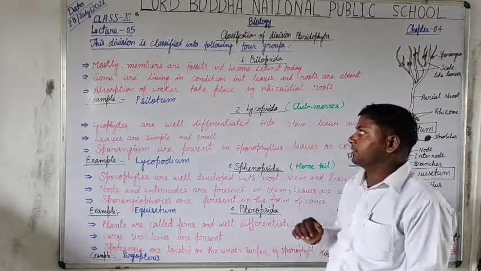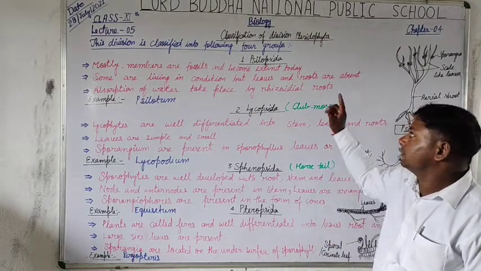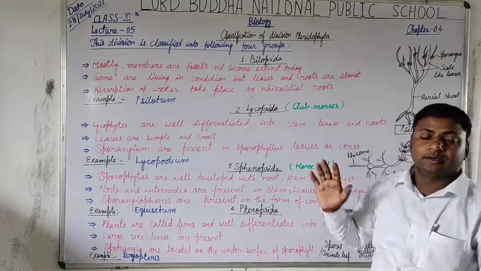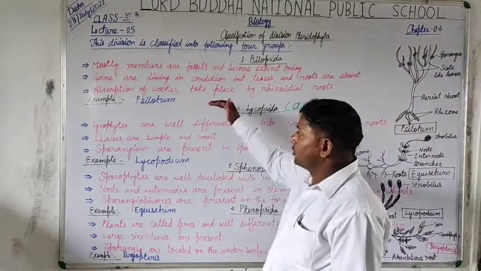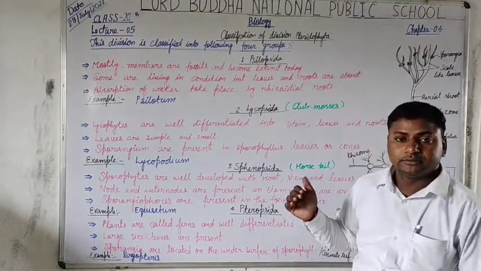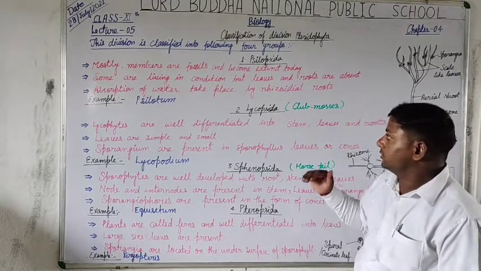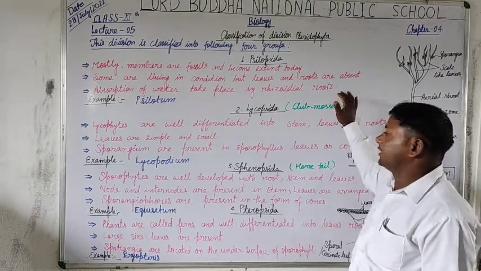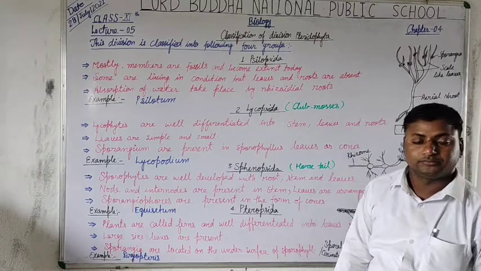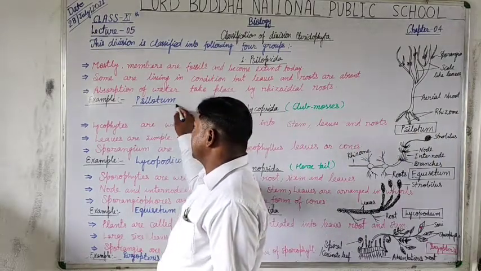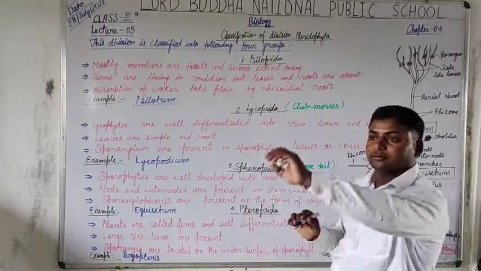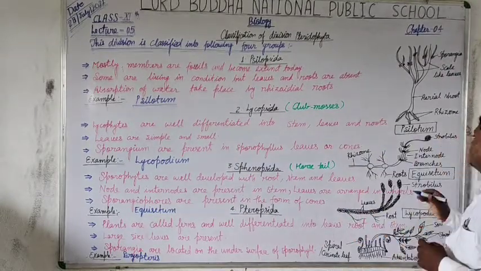Some are living, but leaves and roots are absent. The absorption of water in them takes place by rhizoidal roots. Psilotum is the best example of this group.